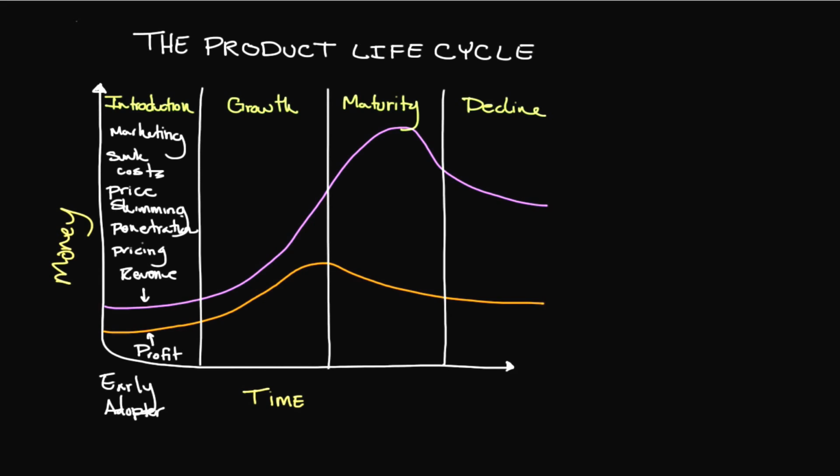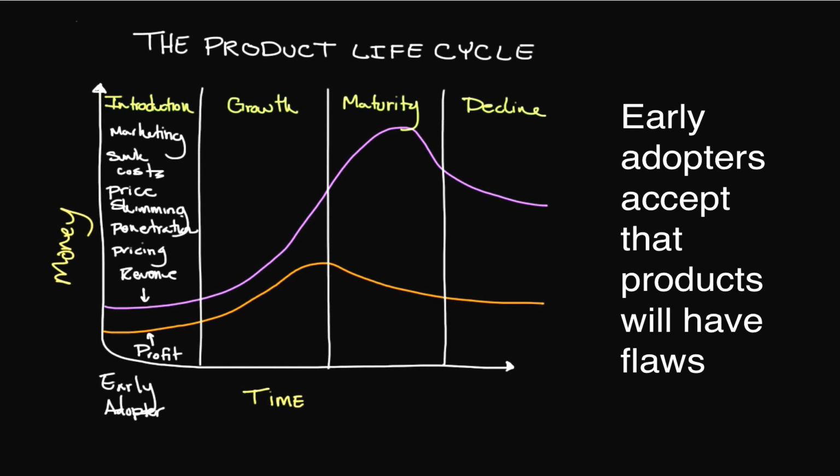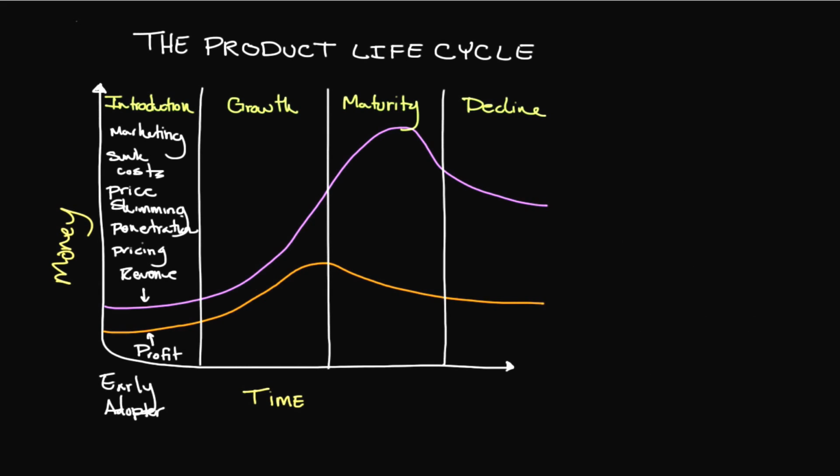From a business standpoint, early adopters are very valuable because they want really one thing, and that is to be the first to utilize something, but they also anticipate that the downside of being an early adopter is that the product is not going to be perfect. And that's important at this stage because generally the products that we produce first are going to have some kind of glitches or bugs or some type of problem that makes the product less than perfect.